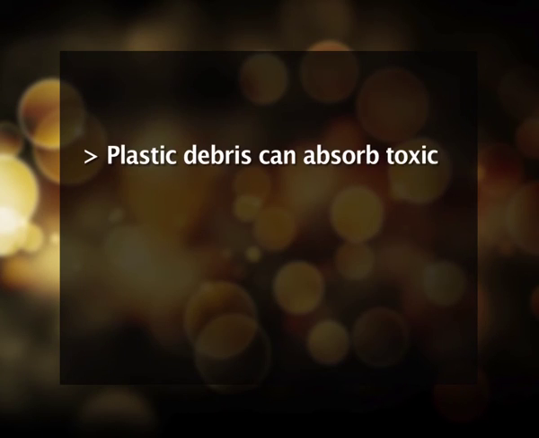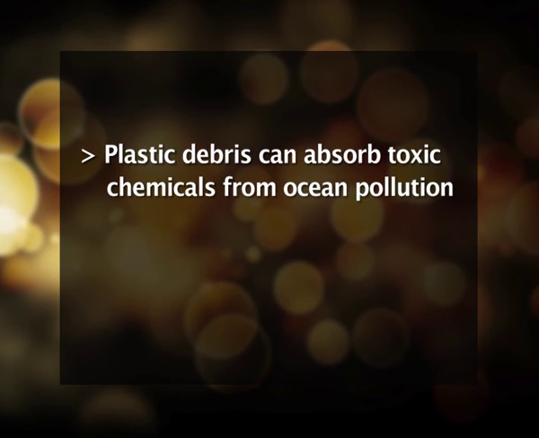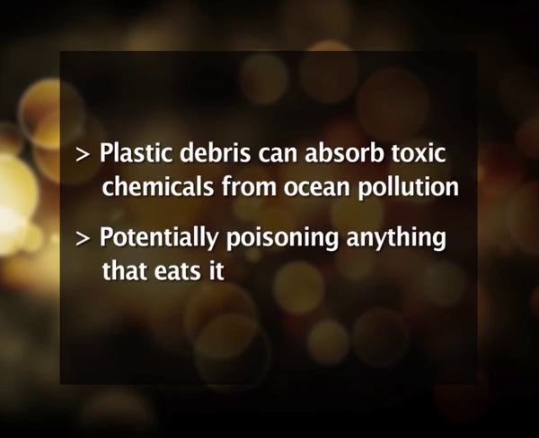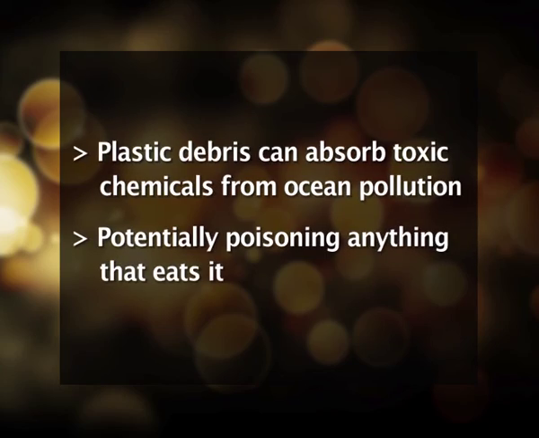Plastic debris can absorb toxic chemicals from ocean pollution, potentially poisoning anything that eats it. Many of these long-lasting species wind up in the stomachs of marine birds and animals. This results in obstruction of digestive pathways, which leads to reduced appetite or even starvation.